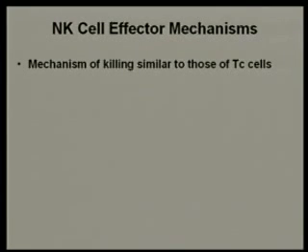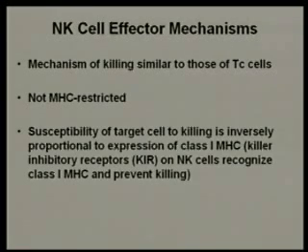Now, the mechanisms of killing are very similar to that of a cytotoxic T cell. They can have perforins and granzymes, and they do express Fas ligand. The big point here is that they're not MHC restricted. And actually, the mechanism of recognition is completely opposite. The cytotoxic T cell will recognize MHC class 1 associated with a peptide.